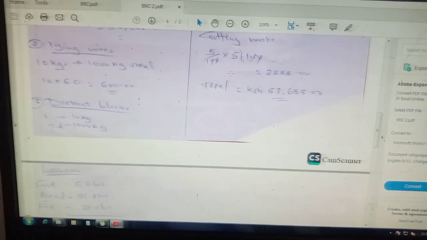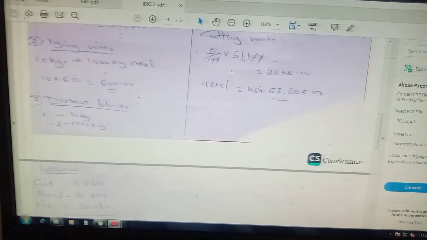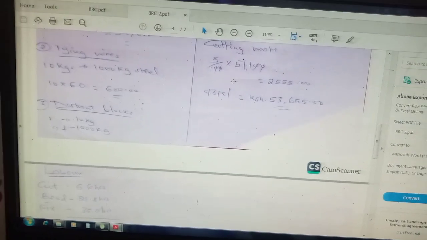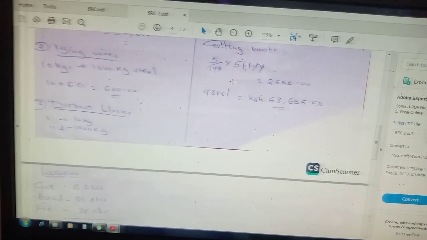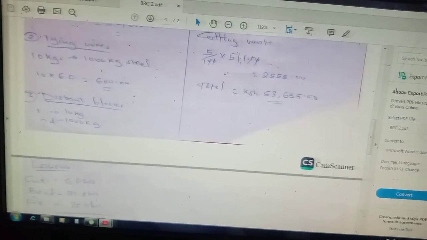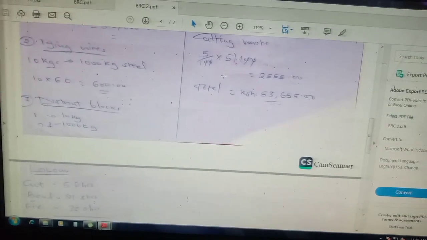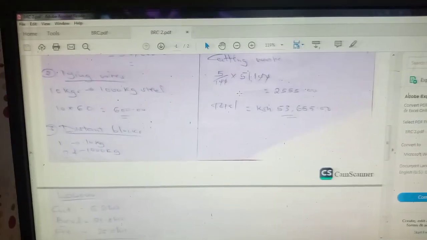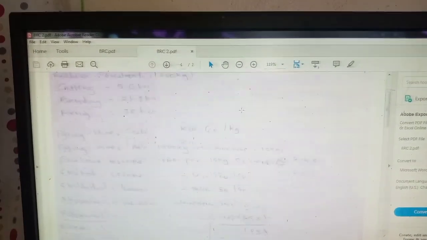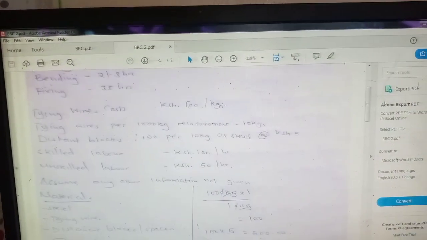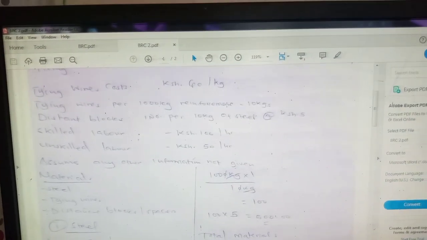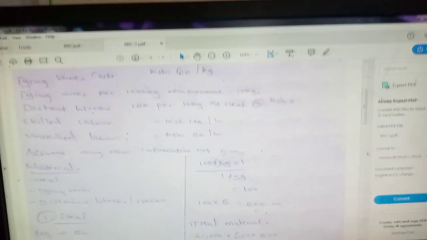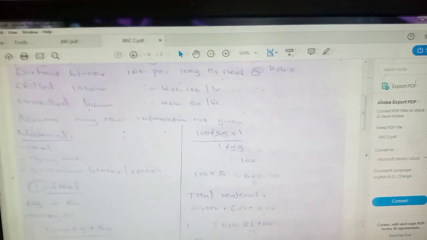Then the distant blocks, we were also told that one distant block can tie 10 kgs. So you just find the number of distant blocks that will be used to tie 1000 kgs, whereby you take that 1000 kgs multiply by 1, then divide by 10, you get 100 distant blocks.